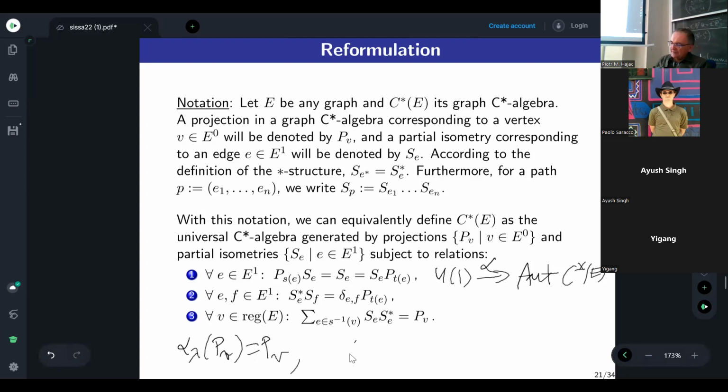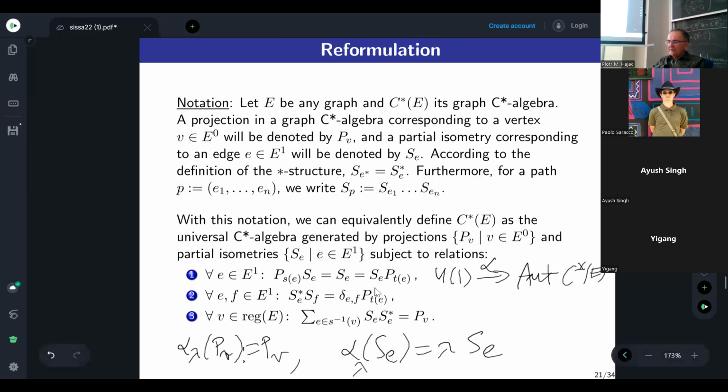But alpha lambda on any isometry, by definition, is lambda times this isometry. Well, lambda is a unitary complex number. So you can see that if you do it for all these relations, it's satisfied.